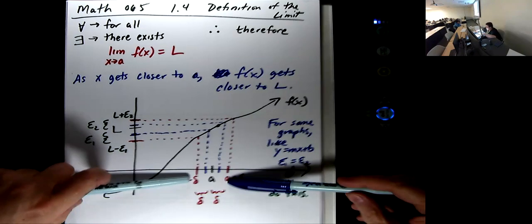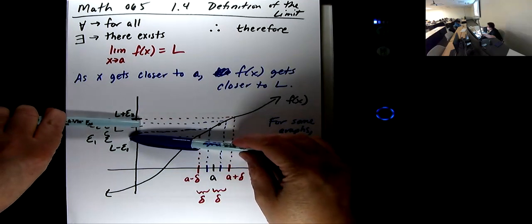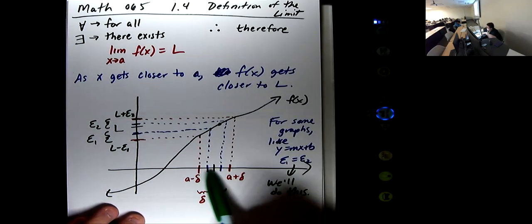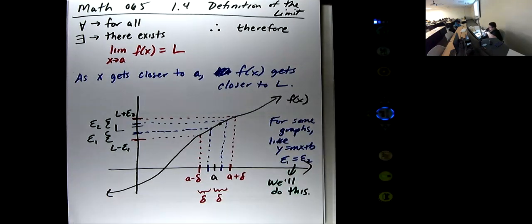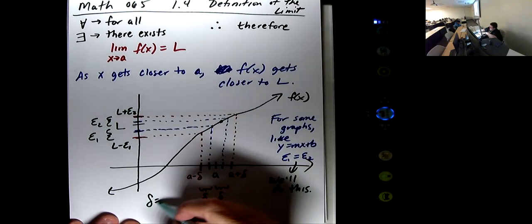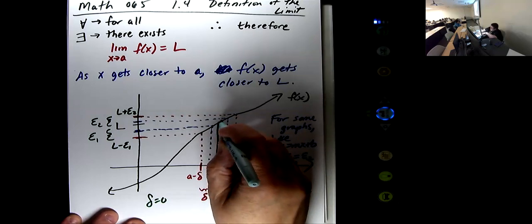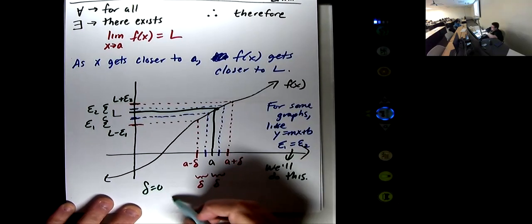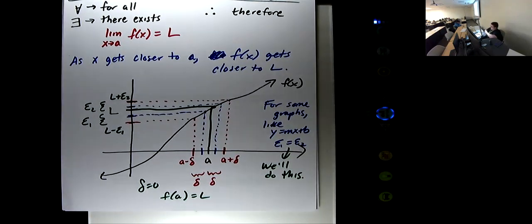As we move in more this way, this squeezes in towards L. And so when delta gets to 0, delta equals 0, and if the function exists, the distance is 0, we are just flat out on the line. And we get f of a equals L. So remember, limit is like we're moving in along the line.